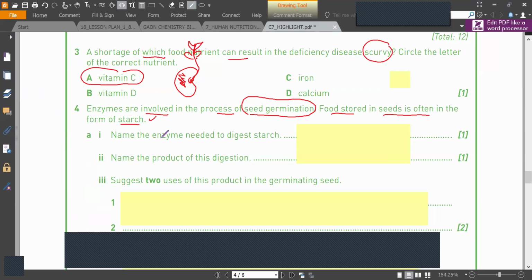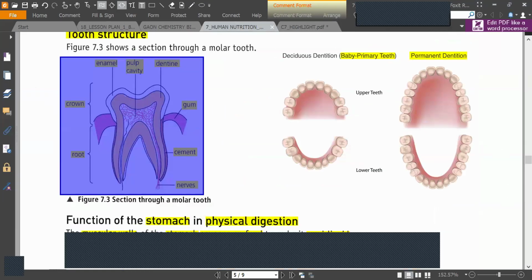So name the enzyme to digest starch. If we want to digest the starch, the enzyme that we need is amylase.